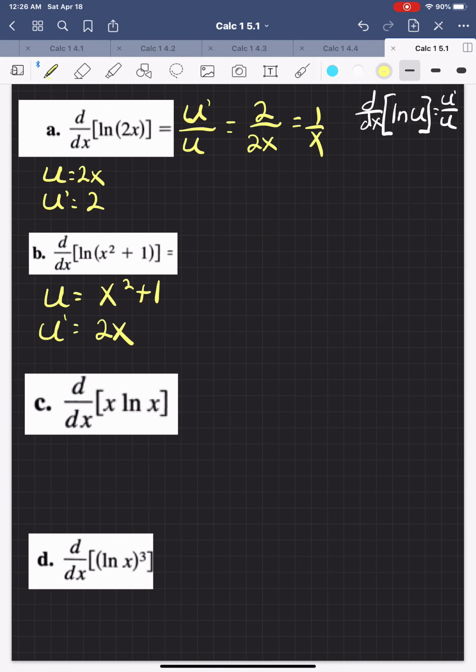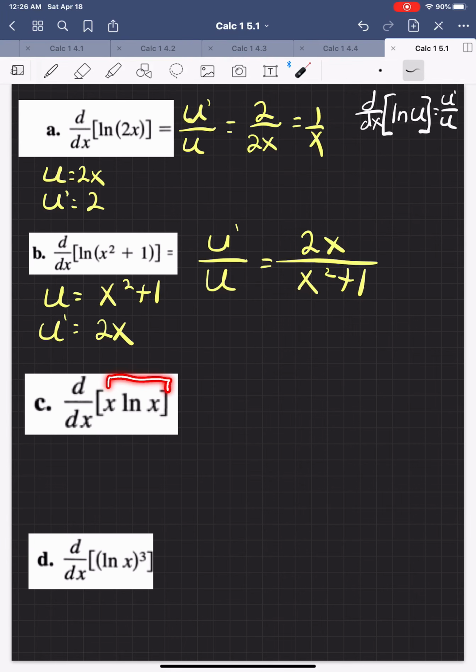So u prime over u, worst looking u in the history of the u, well, that would just be 2x over x squared plus 1. Didn't I tell you that this is pretty darn easy? Right? That's not bad.